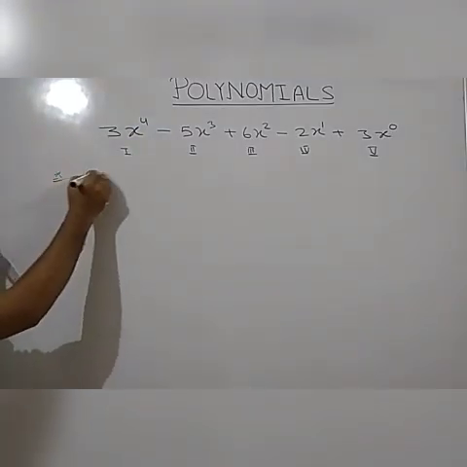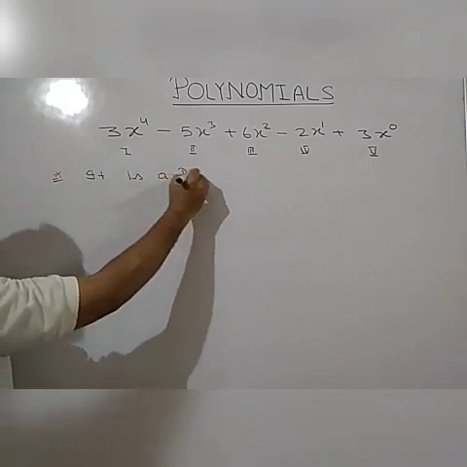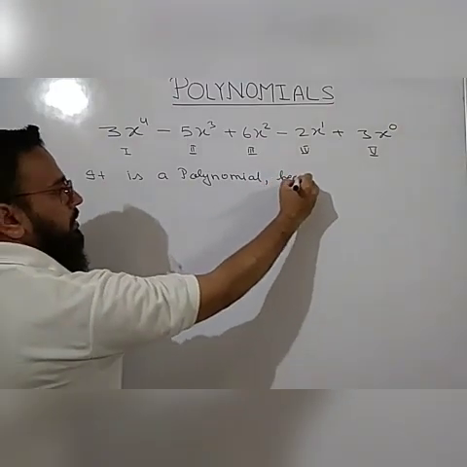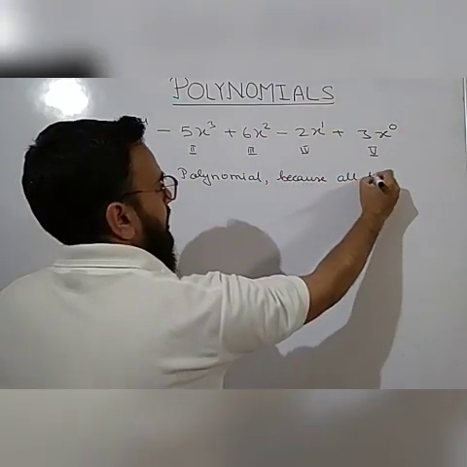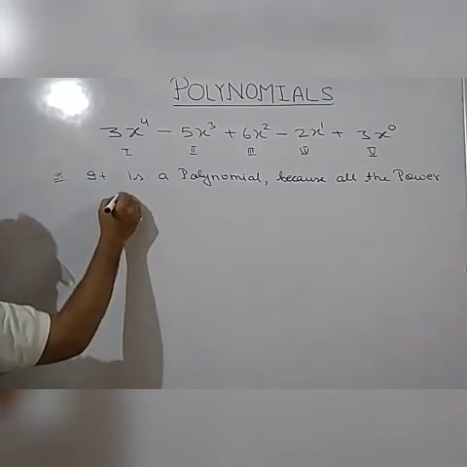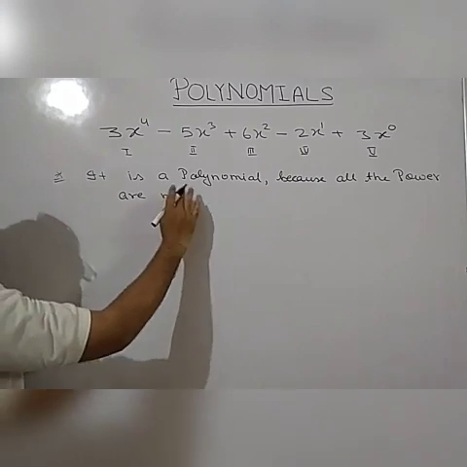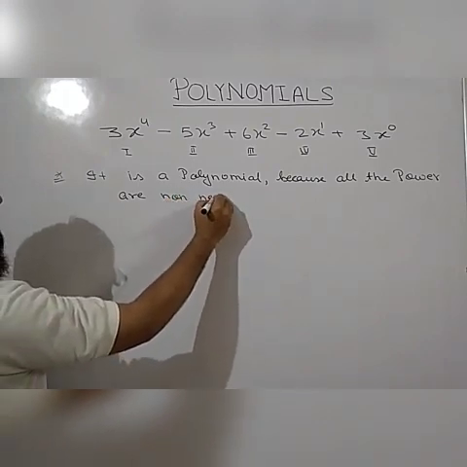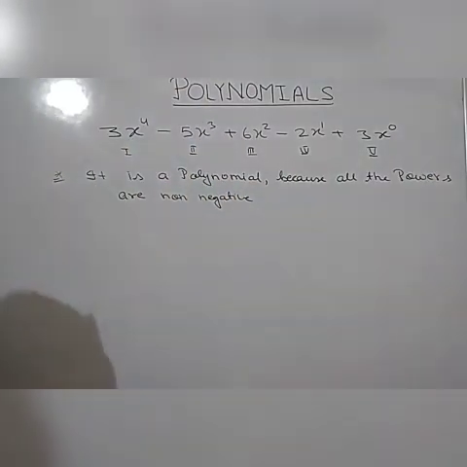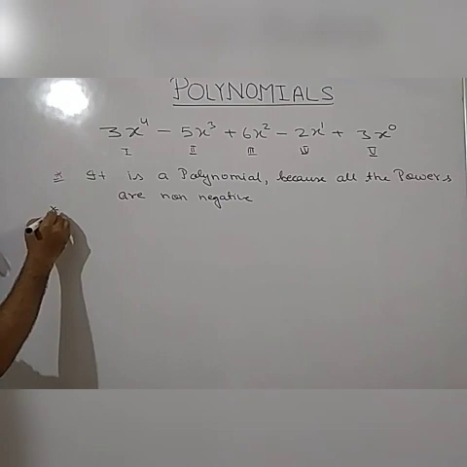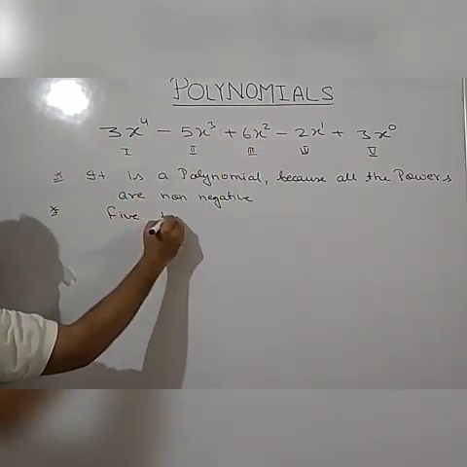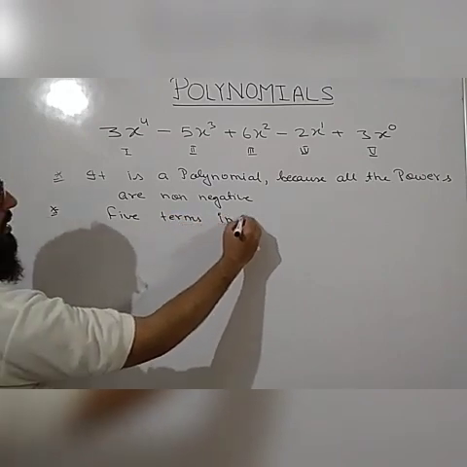First condition: it is a polynomial, because all the powers are non-negative. Second condition, how many terms are there? So there are 5 terms in this polynomial.